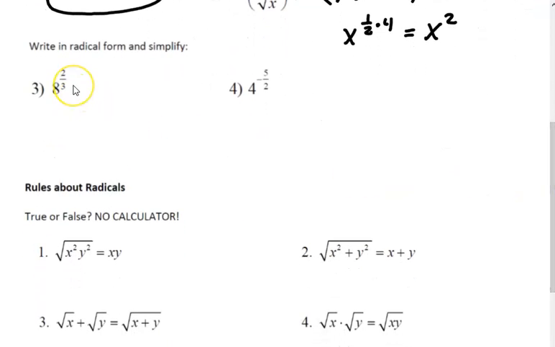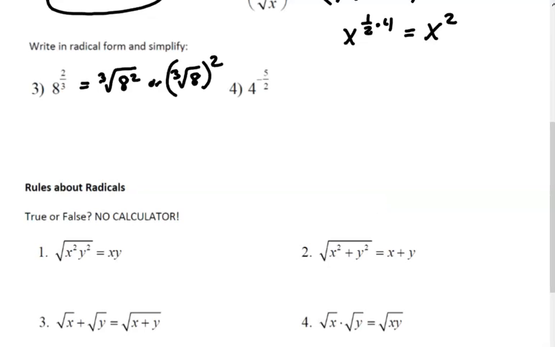Now, sometimes it's helpful to go back to radical form to simplify something. So if I have 8 to the 2/3, I can write this either as the cube root of 8 squared or the cube root of 8, the quantity squared.